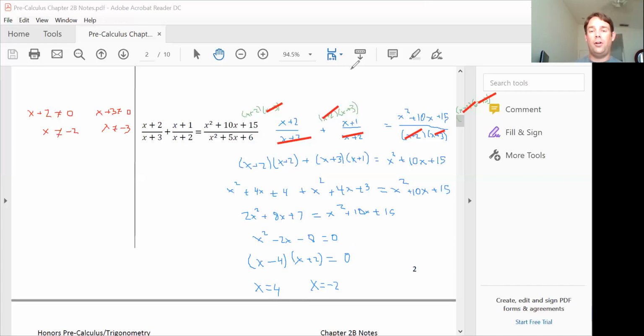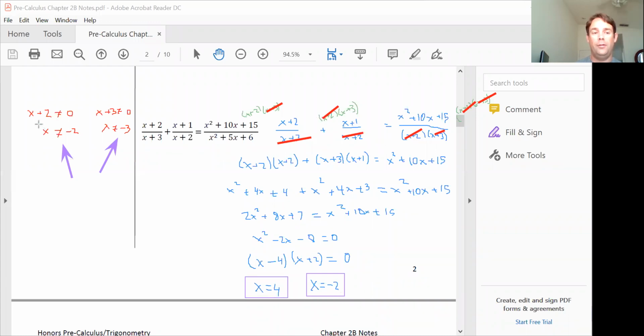So we're going to take a look at our factors real quick. x equals 4. Was that one of our original values that we said we could not have? So we're looking at x equals -2, x equals -3. x equals 4 is okay. We can have that one. What about x equals -2?